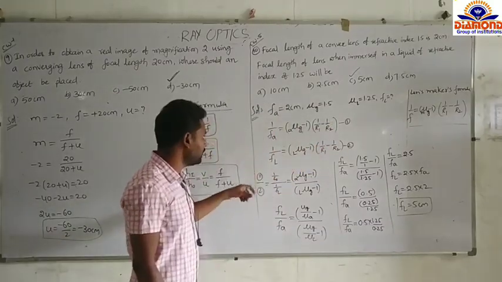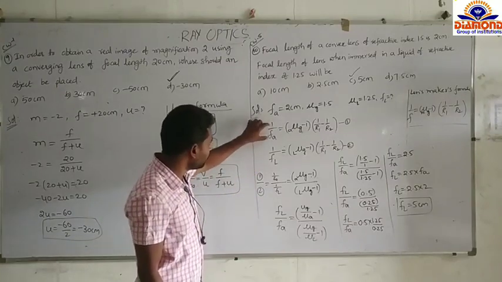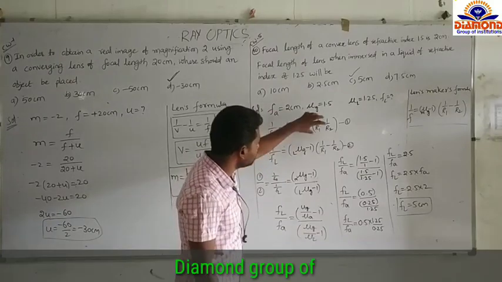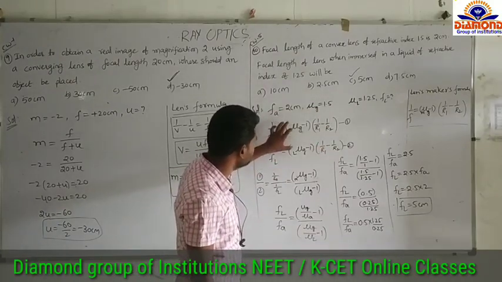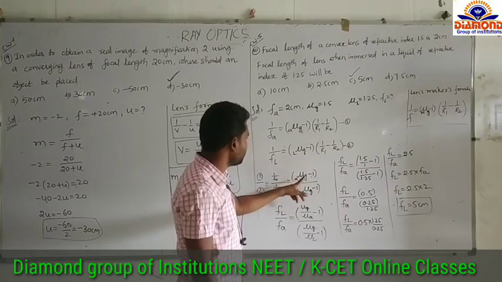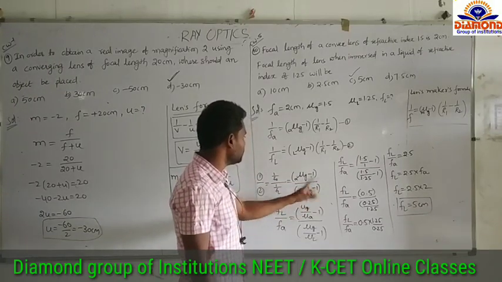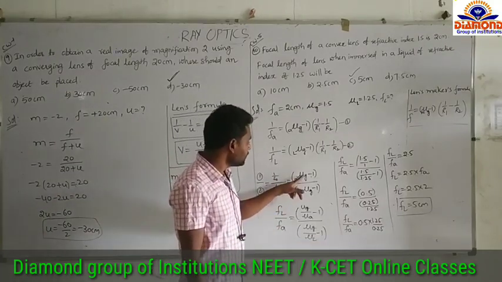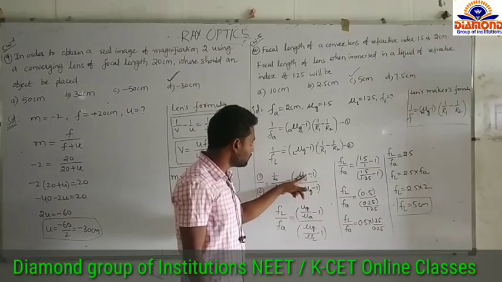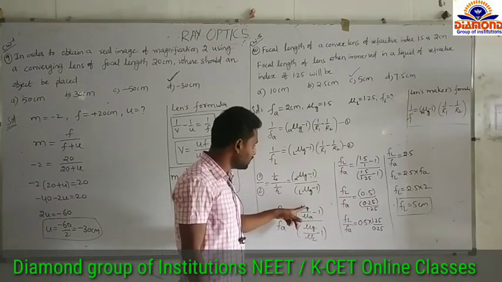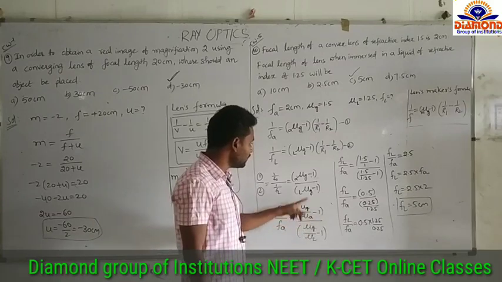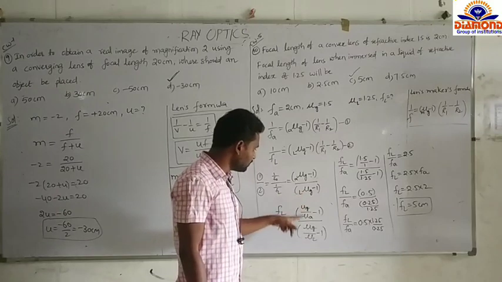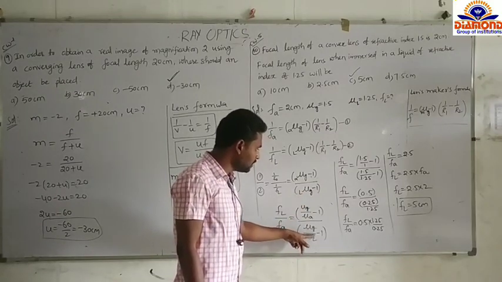I divide the first equation by the second, then I get 1 by FA divided by 1 by FL equal to, since the common terms cancel out, the remaining terms: mu GA minus 1 by mu GL minus 1. Simplifying, we get FL by FA equal to the refractive index of the lens with respect to air minus 1, divided by the refractive index of the lens with respect to the liquid minus 1.